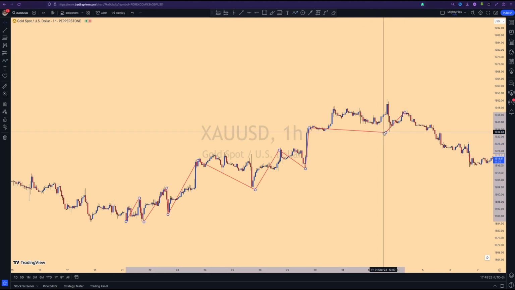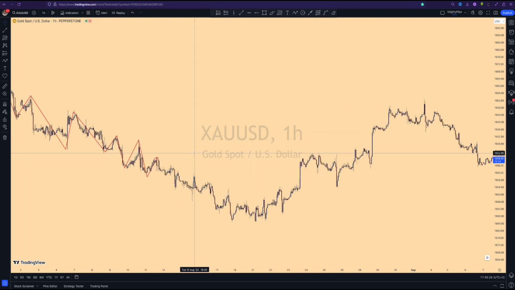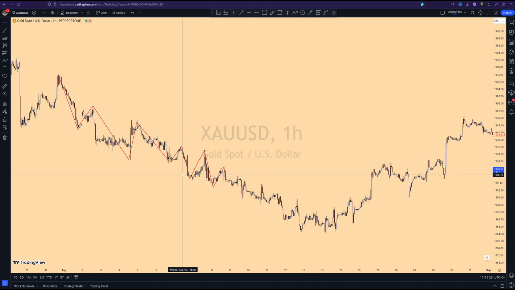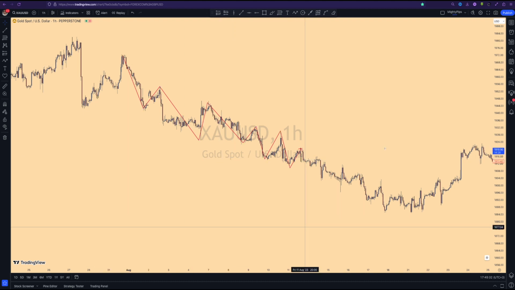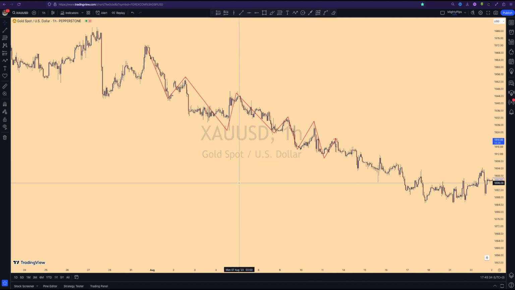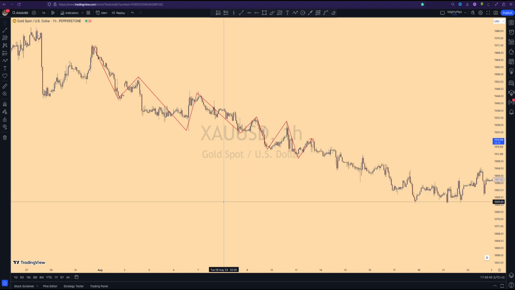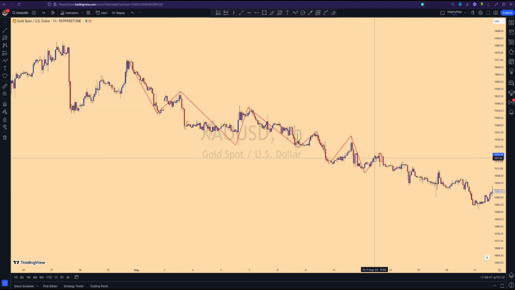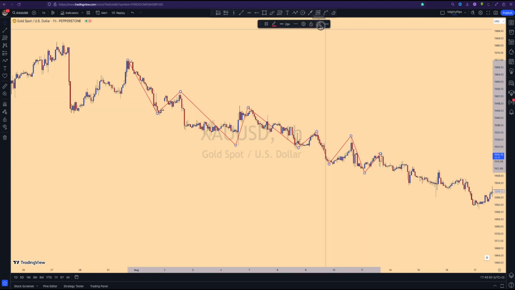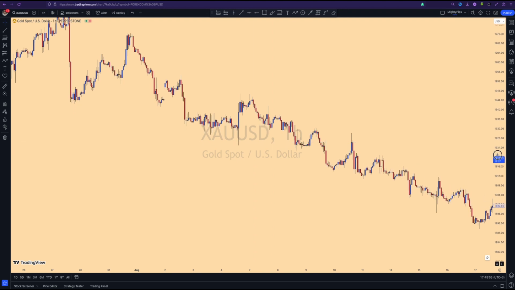Market structure is just the movements that you see on the chart, the structure created because of the movement of price based on a trend created by either sellers or buyers, sellers creating a downtrend and buyers creating an uptrend structure. So if you've understood that definition of market structure, you want to look at which levels market structure is creating.